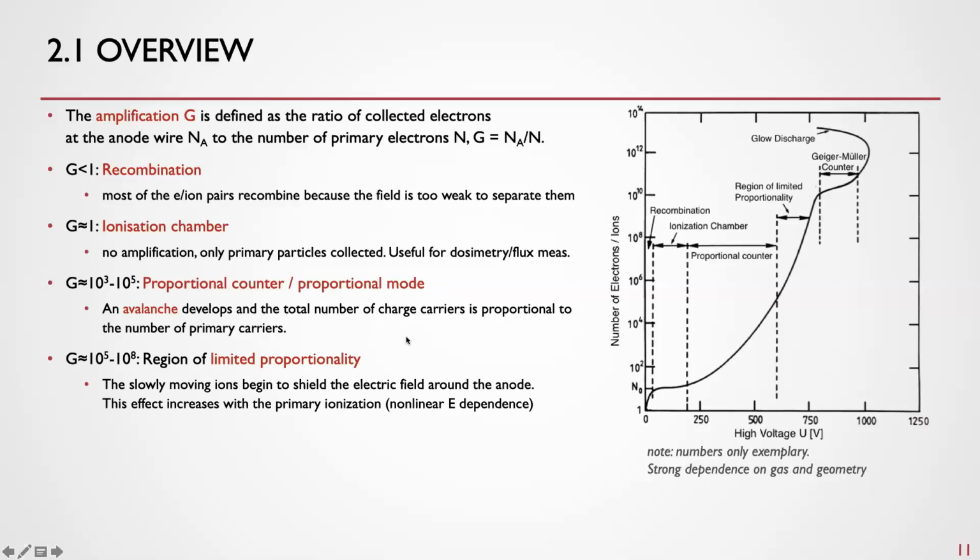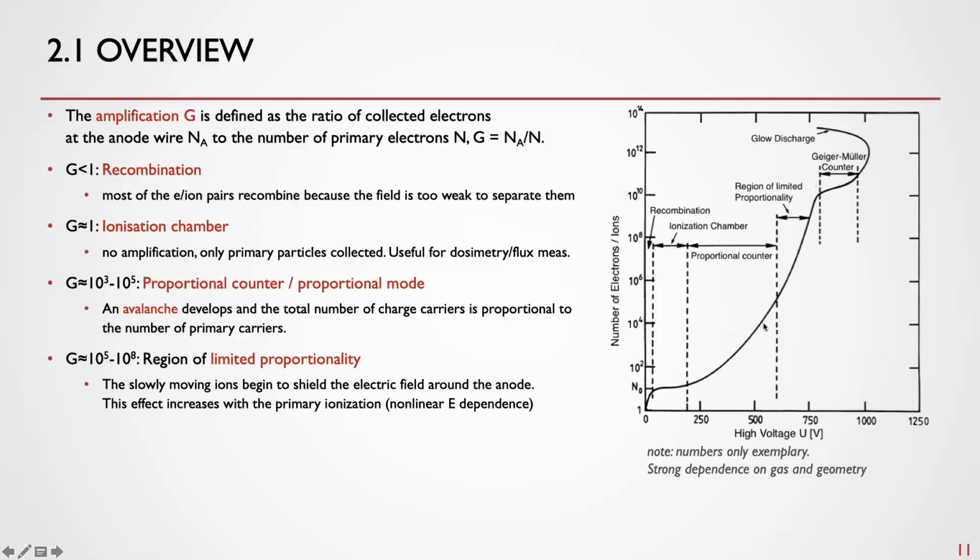That is because in the avalanche development, a great number of ions are produced, and these ions of the opposite charge are close to the anode wire. They can shield the electric field, and they do shield the electric field, and that causes a nonlinearity.